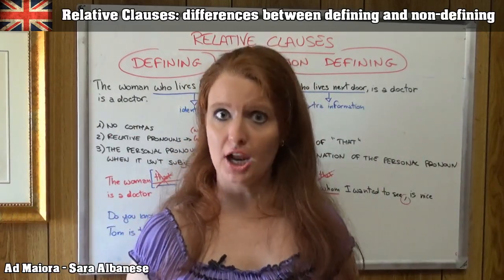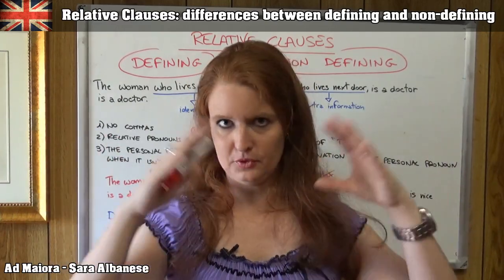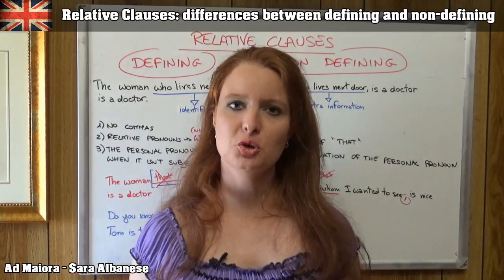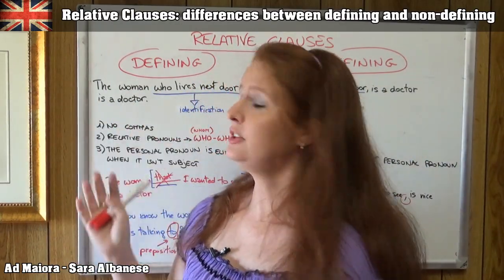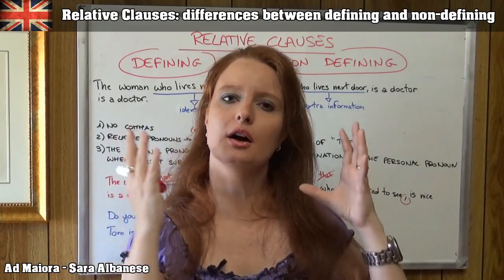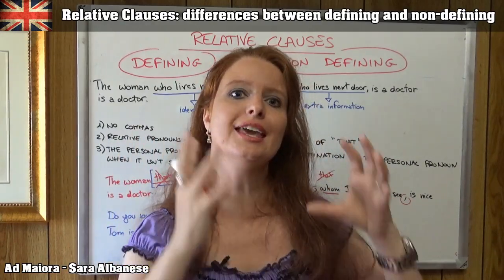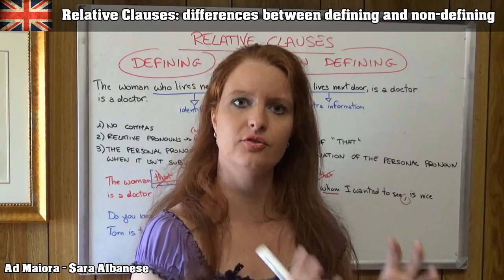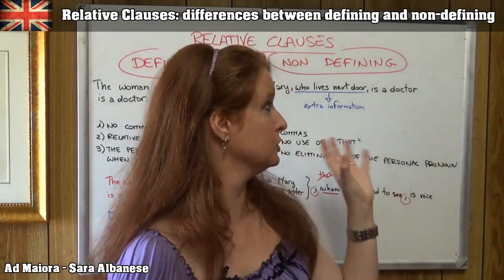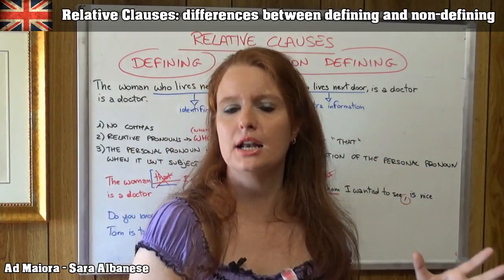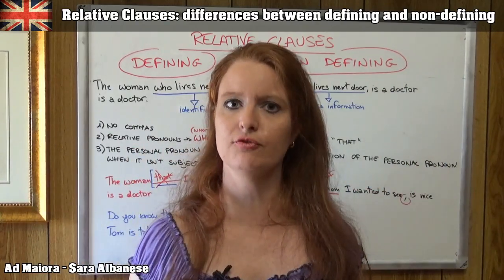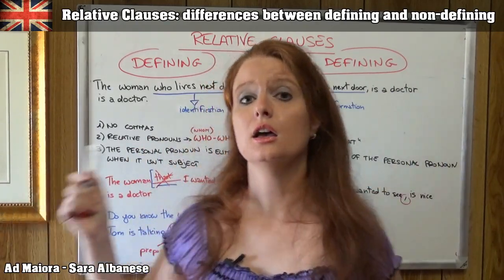So this is the general rule. I'm just resuming it very quickly. So defining are used to give information about the identification, okay, to identify the element I'm talking about. Non-defining relative clauses are just giving extra information, okay.